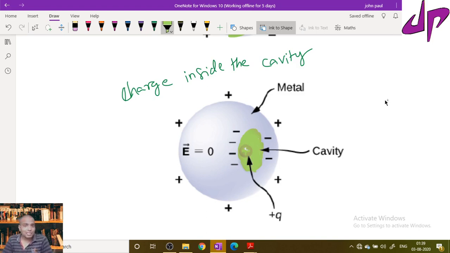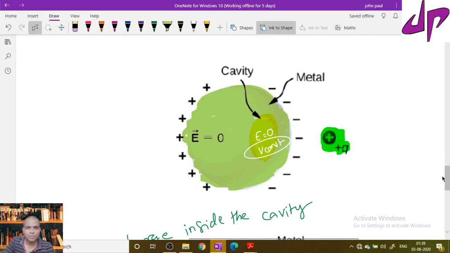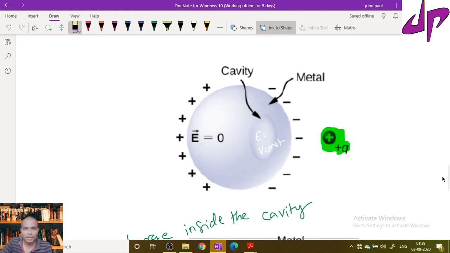Now let us see the charge distribution. In the earlier case, when no charge is present inside the cavity, one side is negative charge and one side is positive charge accumulated. But if we keep a charge within the cavity, this is a positive charge.